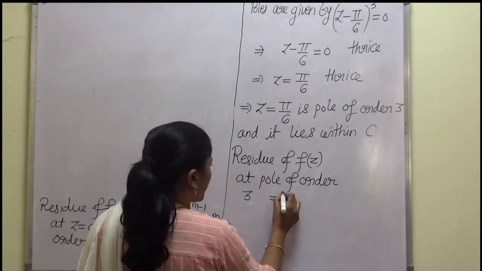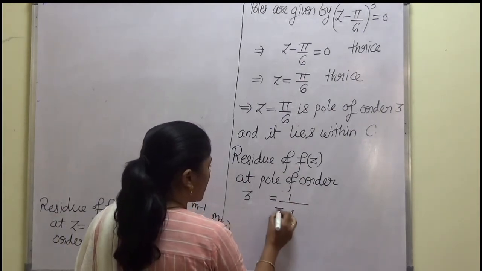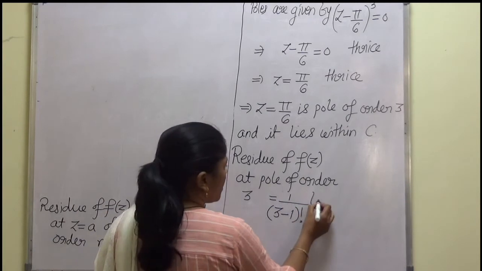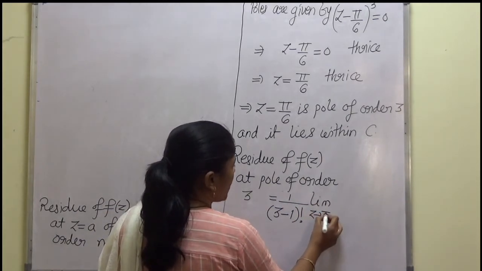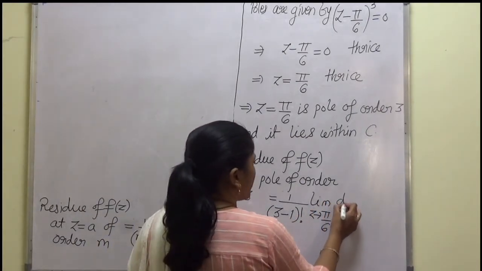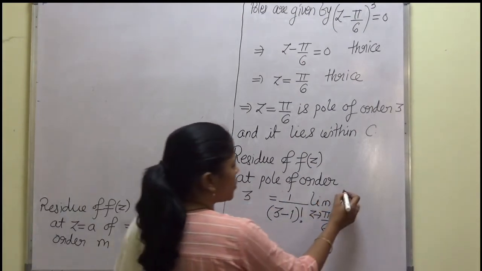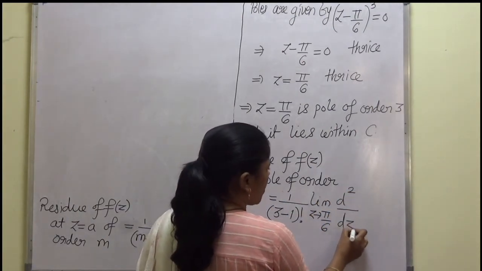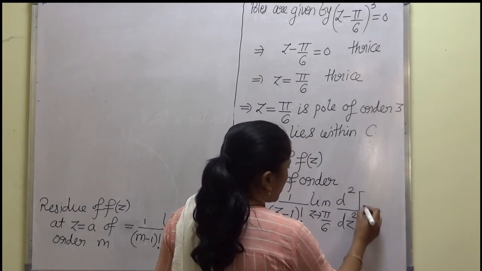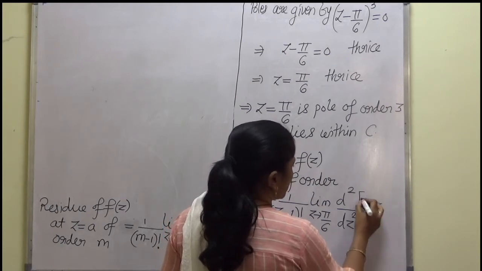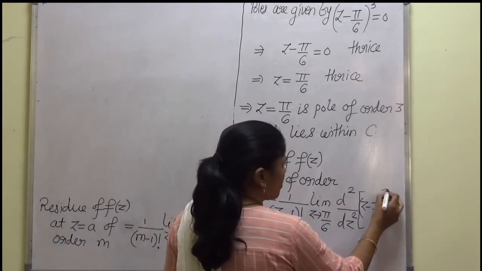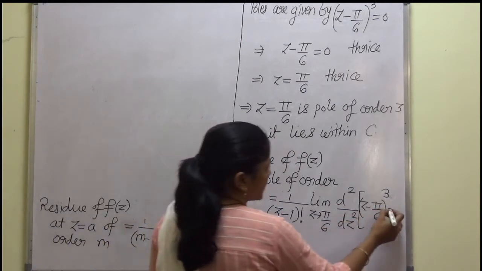So apply this formula. It is 1 upon (3 minus 1) factorial, then limit z tends to pi by 6, where a is pi by 6. Then it is the (m minus 1)th derivative, 3 minus 1 is 2, so the second order derivative with respect to z of (z minus pi by 6) whole cube, since m is 3, into f of z.